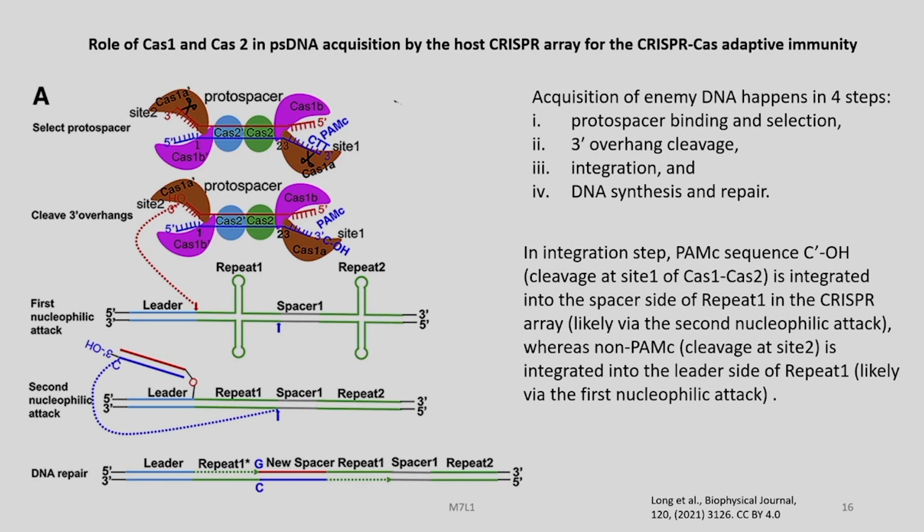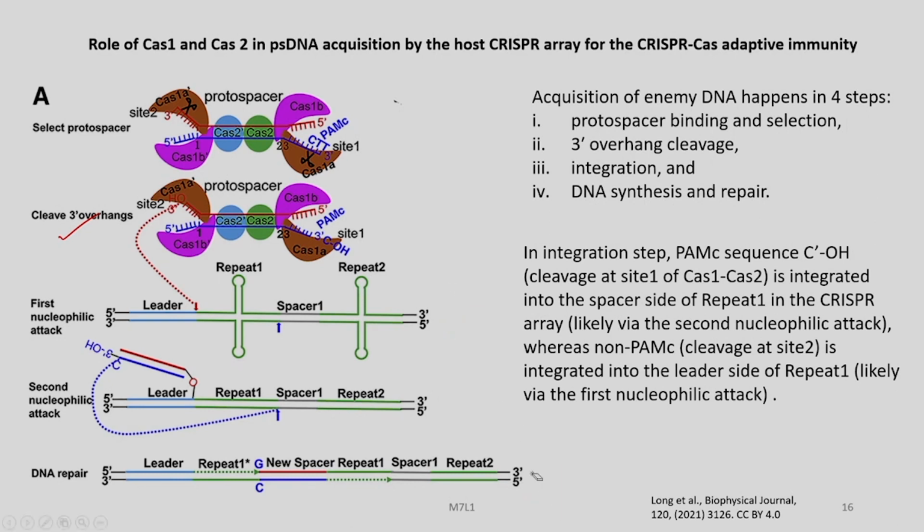So, acquisition of the enemy DNA, which is basically the viral DNA, happens in 4 steps. The first step is the protospacer binding and selection. Second step is the 3' overhang cleavage, as you can see here in this figure. The third is the integration, and the fourth is the DNA synthesis and repair.